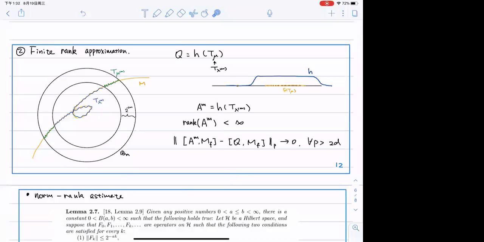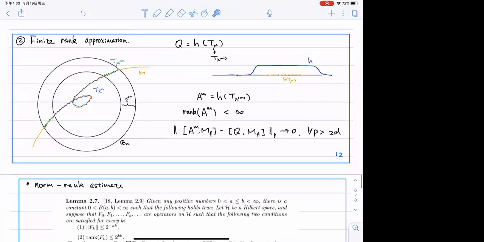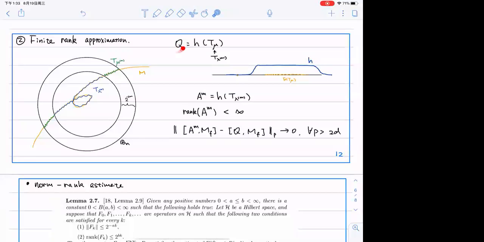Then you restrict the measure to the inside part, and this T lambda mu will give you a finite rank operator with the right approximation. Then we use some Fourier functional calculus, inverse theorem kind of things, to get an estimate on Q.